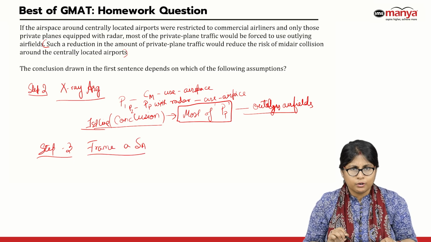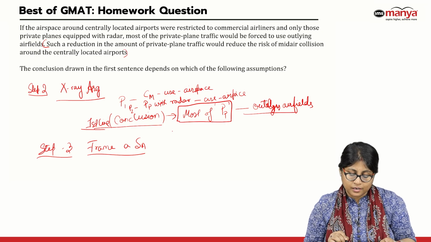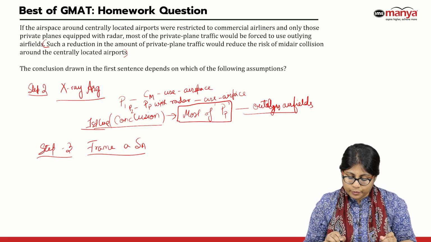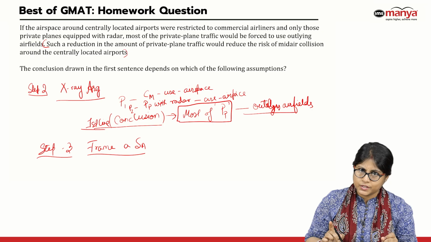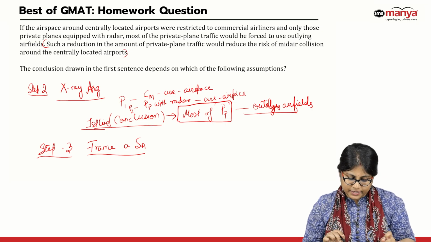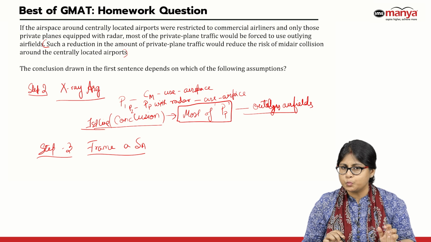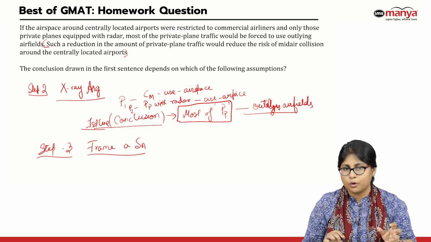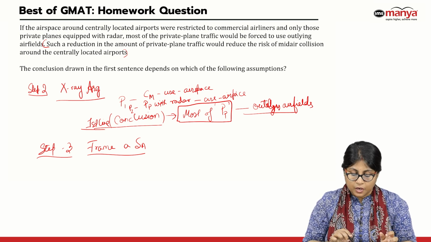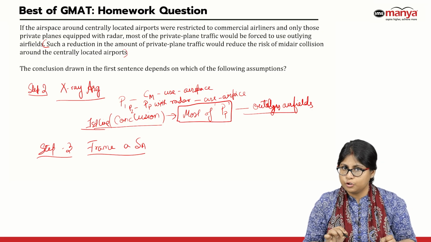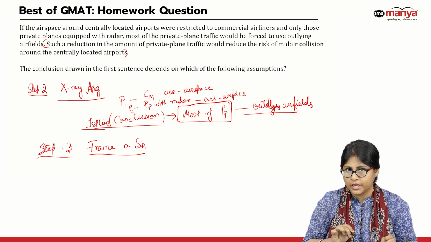Our shadow answer is somewhere linked with most of the private airplanes. Somewhere we must be assuming that these airplanes, the ones which will now be using the outlying fields, are not equipped with radar. This is pretty fair to think about as a shadow answer because we are allowing private planes with radar to use the inner circle of the airspace.